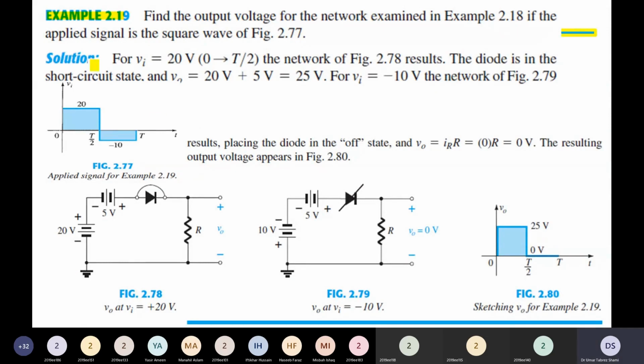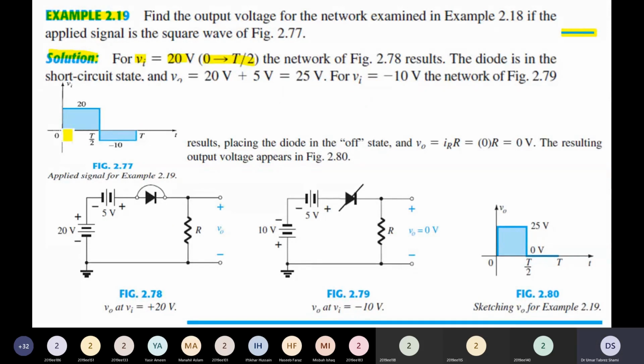So now we have almost the same circuit, but this time the input voltage is a square wave such that Vin is 20 volts from time 0 to t by 2, and Vin is minus 10 volts from time t by 2 to t.